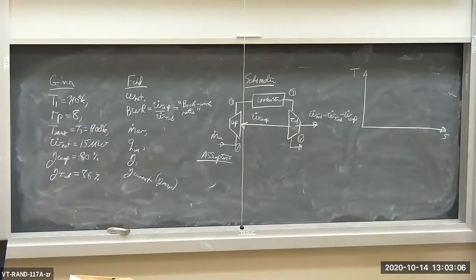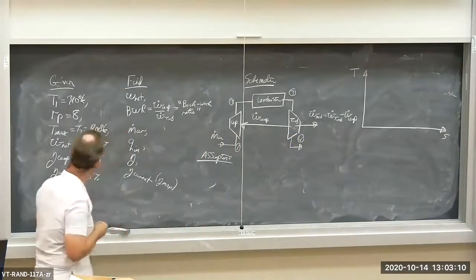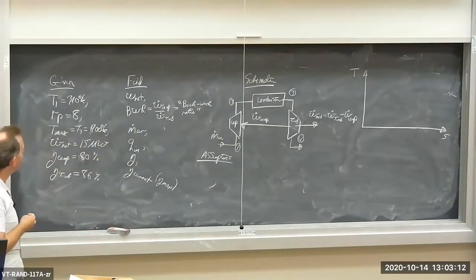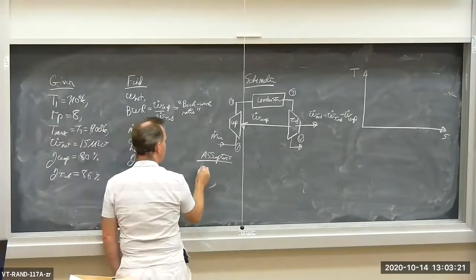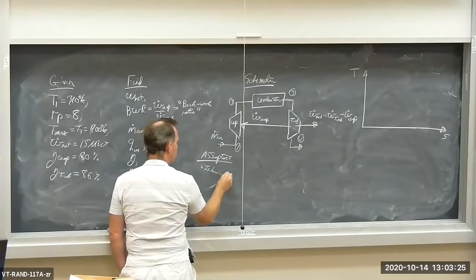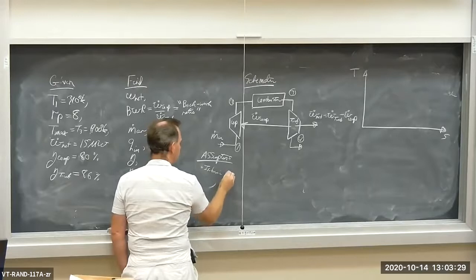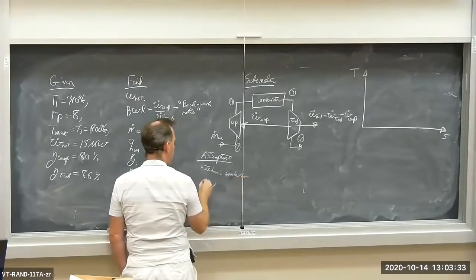Okay? Now let's make a few assumptions here. I don't see any actual explicit statement, but let's assume that there's no pressure drop across the combustor. I don't see that there's a delta P across the combustor in the givens. So I'm going to assume an isobaric combustor.